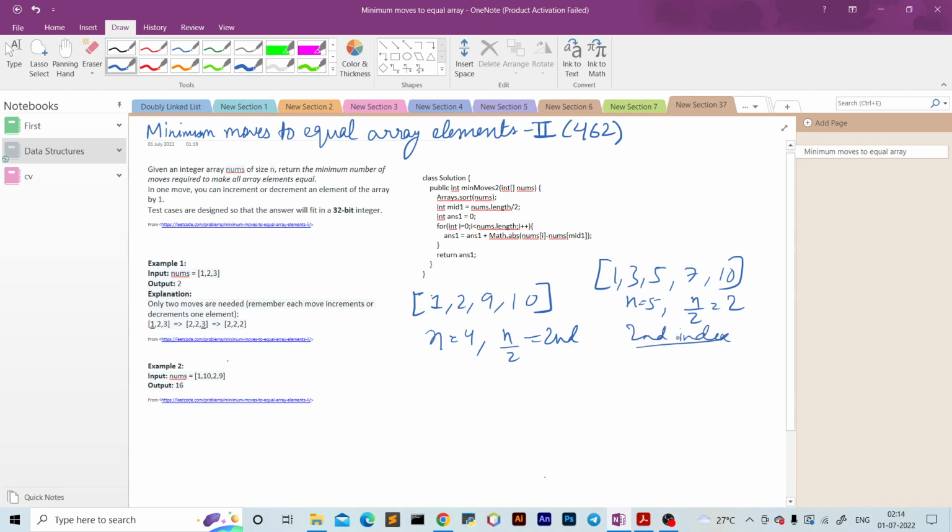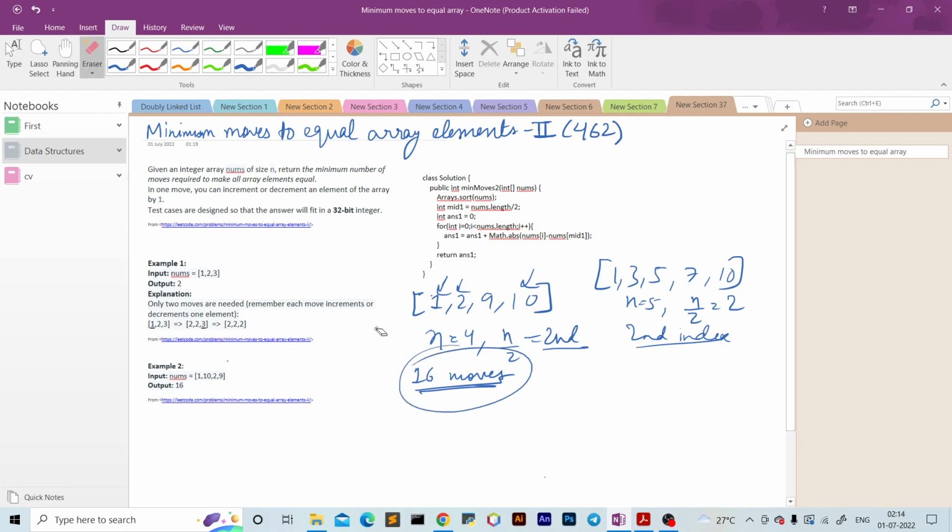So in both the cases we are checking the second index. When we choose the second index, we would require 16 moves, as I have shown in the calculation.